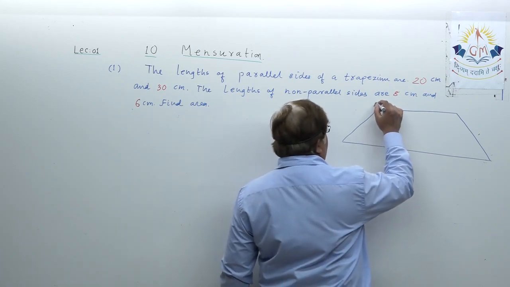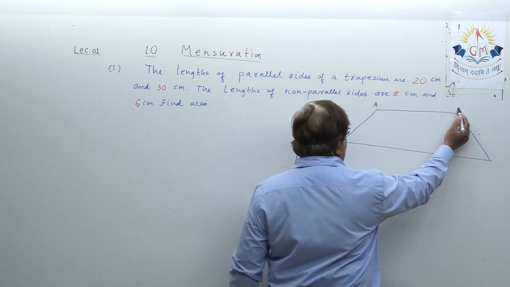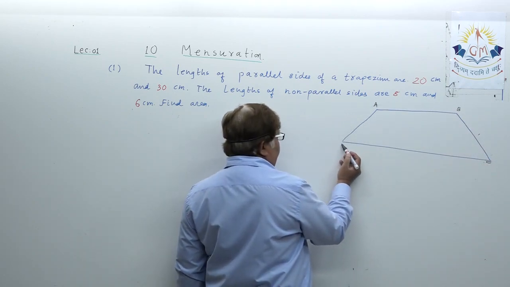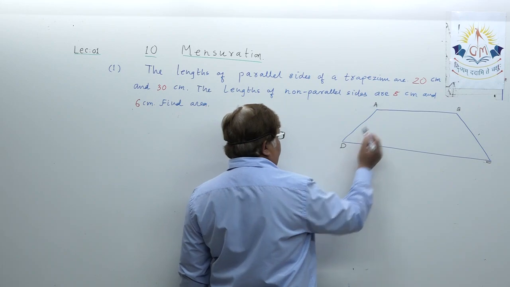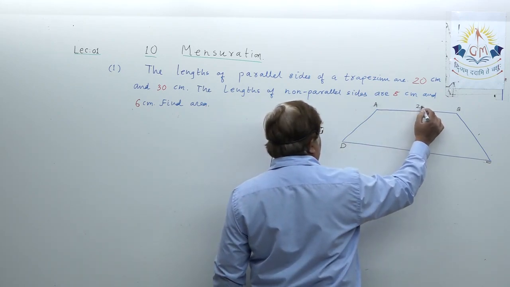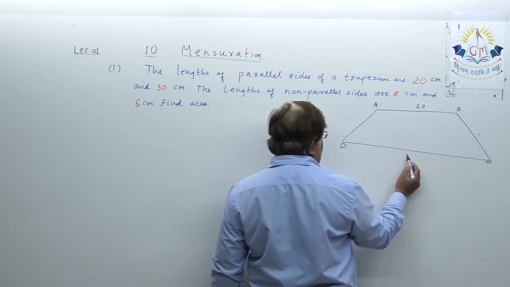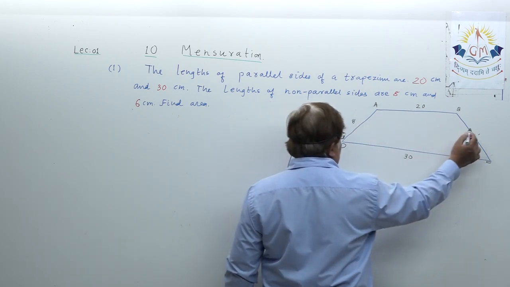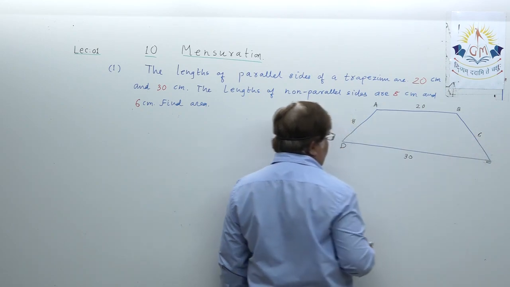This is the trapezium, okay. After naming the trapezium, mentioning the parallel sides' lengths 20 and 30 and non-parallel sides 8 and 6, okay.